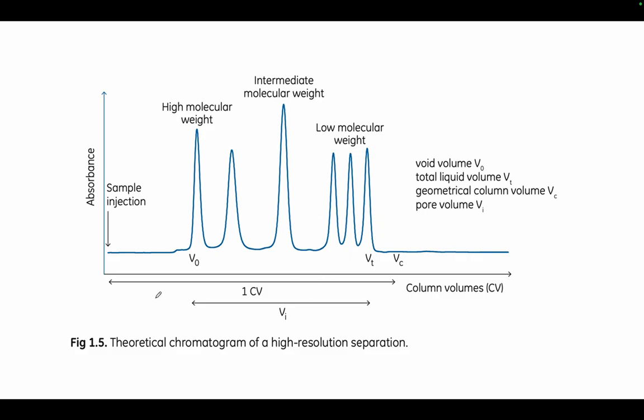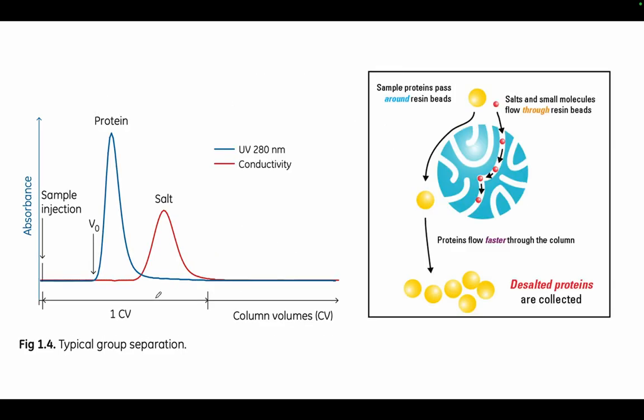So this is just theoretically what a size exclusion chromatogram will look like. Now we can obviously use size exclusion chromatography to separate different proteins of different sizes. We can also use it to separate protein from salts. So this is something called desalting, where if you have a very small pore size, then all your proteins are going to go around the bead.